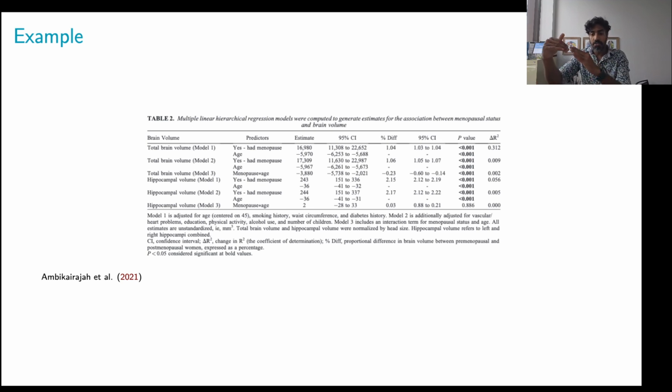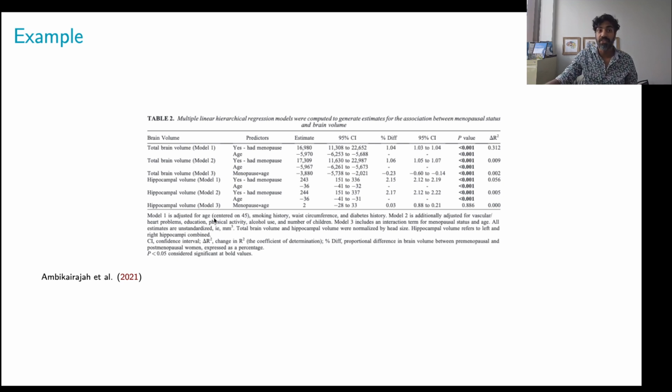You can just move that, so it doesn't change the slope, it just moves where it's centered. So instead of going through 0, I moved the intercept to 45, so that for every 1 year increase in age after 45, there's a 5,970 cubic millimeter decrease in brain volume after controlling for covariates. So that's what that interpretation is. That's what mean centering does. It doesn't change the slope, just moves it so that it becomes interpretable for your data set.